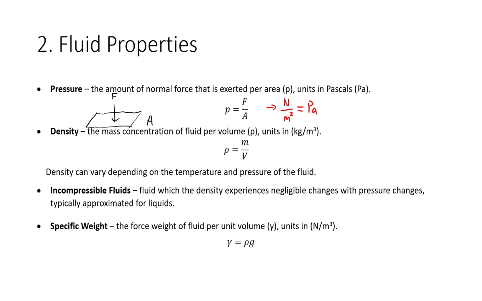Now, if you recall, weight is defined as mass times gravity, essentially the gravitational acceleration experienced by an object. So the specific weight tells you the gravitational force. Sorry, I meant gravitational force earlier. It tells you the gravitational force associated with your fluid here.